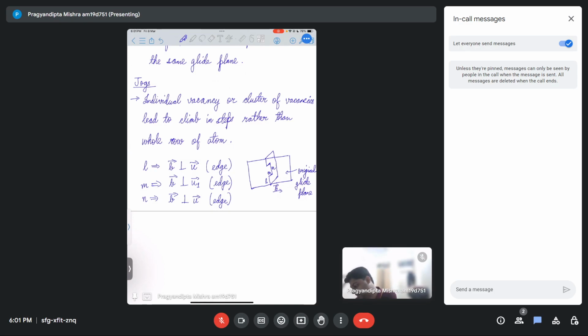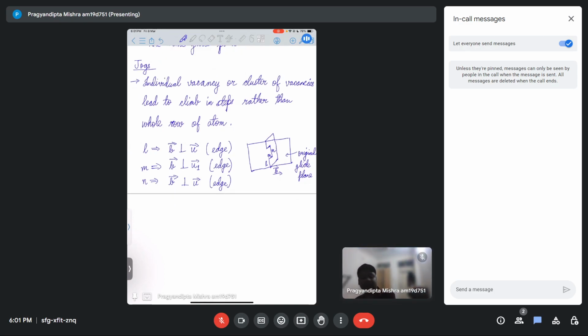So one important thing that you can also note down or remember is that this jog influences both positive and negative climb. Okay, so both positive and negative climb can happen through jogs. That is also something that you can note down.